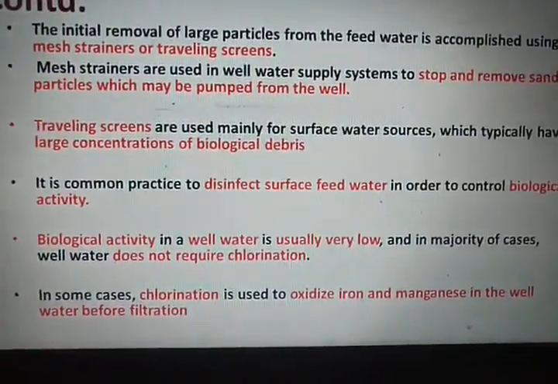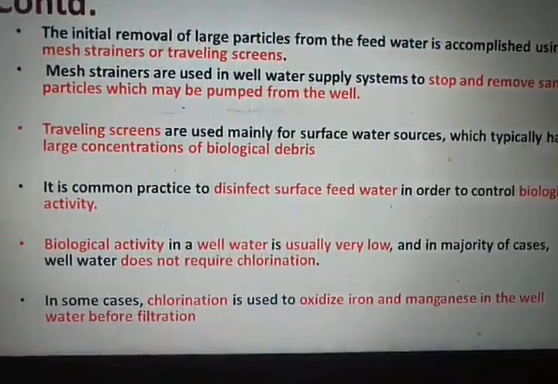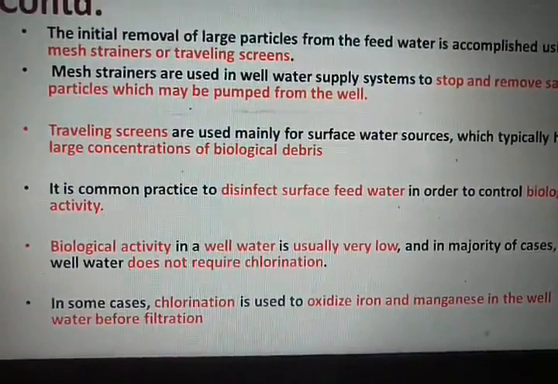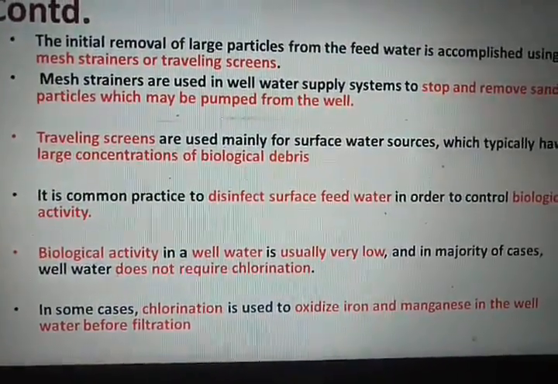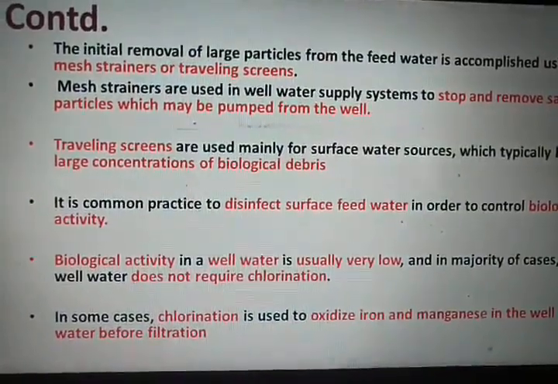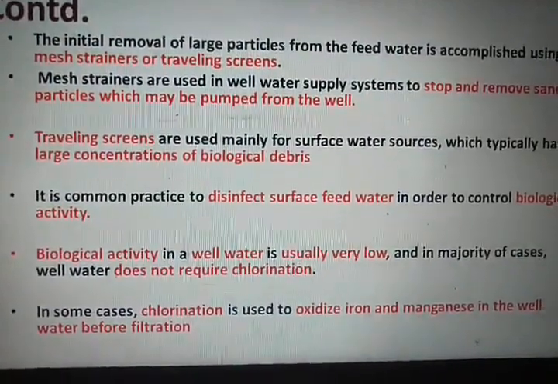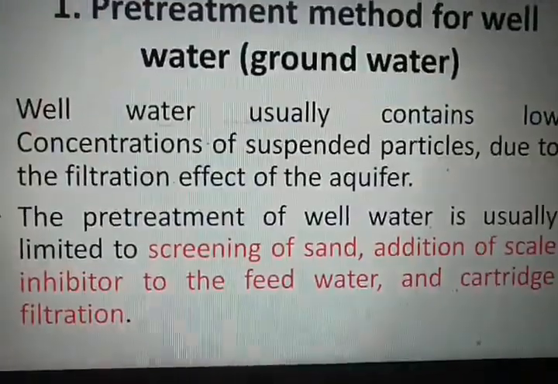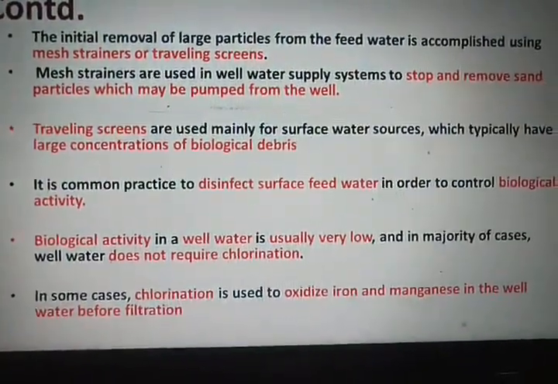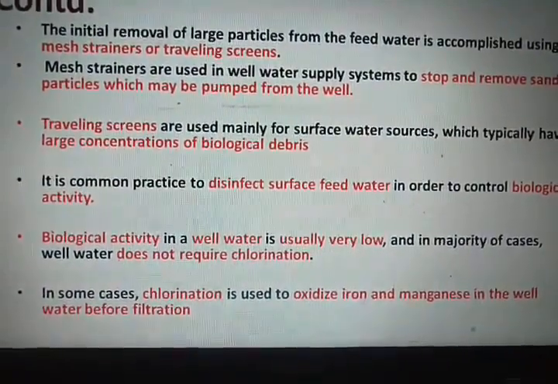For example, in the majority of cases groundwater does not require chlorination, and biological activity is very low in groundwater because it is stored deep inside the ground, and usually it has very low turbidity, hence coagulation also may not be required. On the other hand, if you use surface water, then you can use a combination or any one of the treatment methods before allowing the water to RO systems.